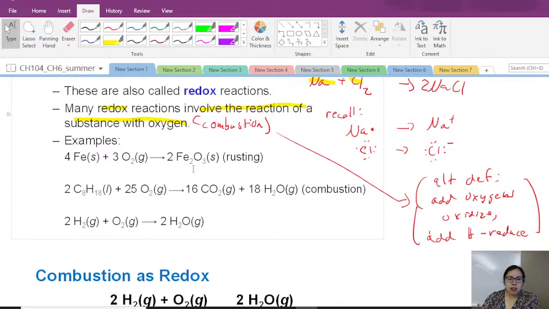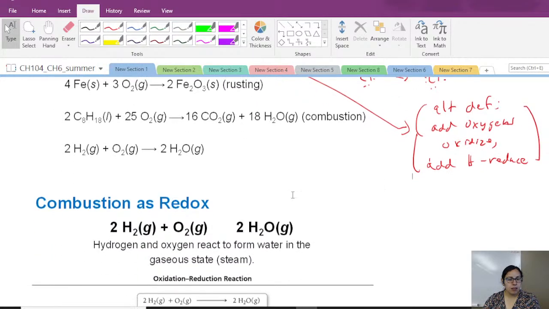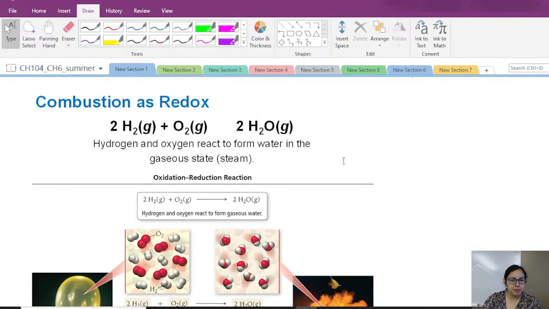We can see other examples. Iron rusting: you see two elements coming together. We mentioned combustion, and there's our clue: our carbon became oxidized with a bunch of oxygens, and then oxygen added hydrogen to it. Here's another simple combustion and redox.